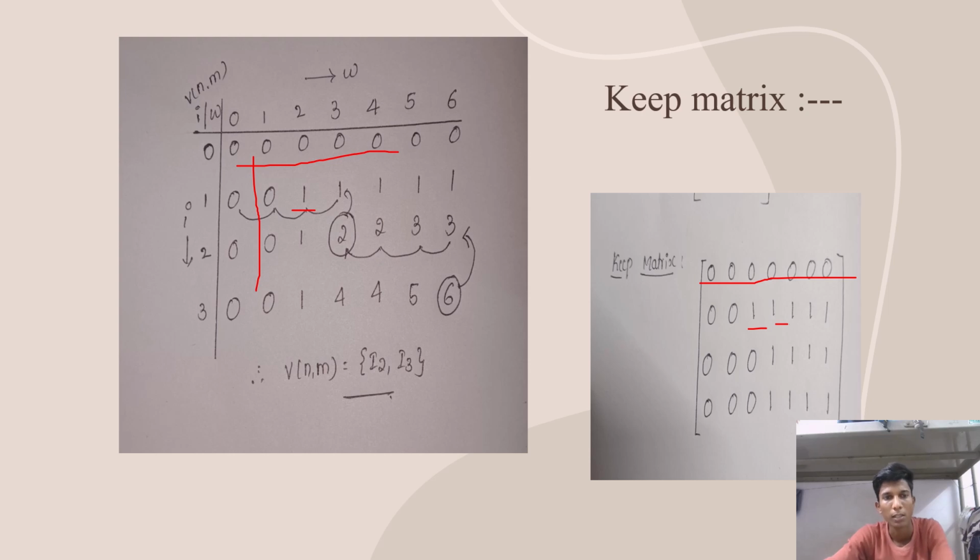Now the second row of the second column is equal to the first row of the second column. That's why we can write 0. The second row of the third column changes, so we can write 1, then 1, 1, 1.